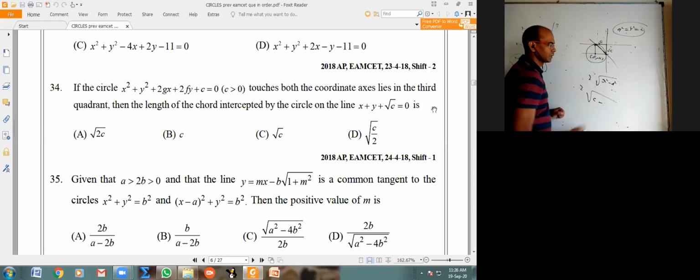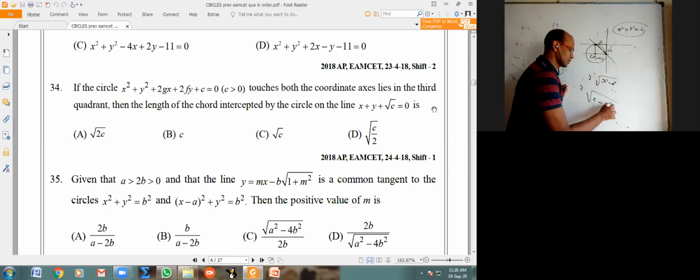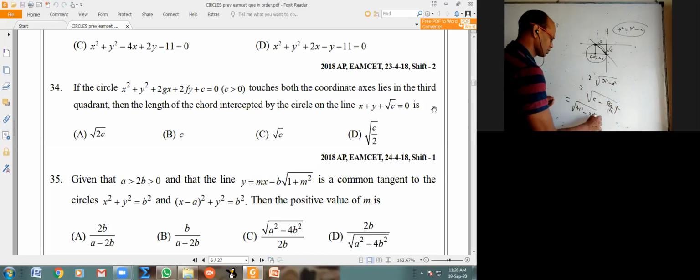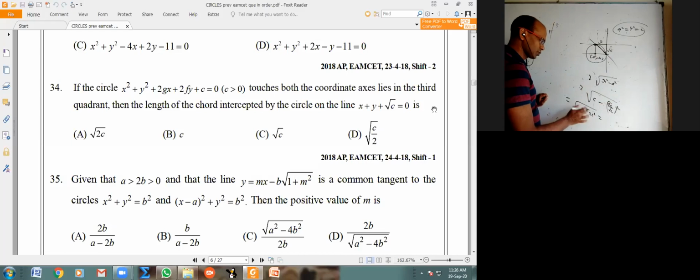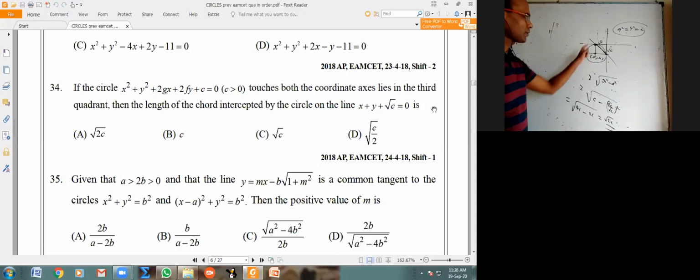Root c, so the square is c. What is d? From here to this line, the perpendicular distance from minus root c comma minus root c. When you find the distance to that line, you will get root c by root 2 whole square. When you take this 2 inside, you will get 4c minus 2c, which is root 2c. Okay, either way, or from the figure directly.